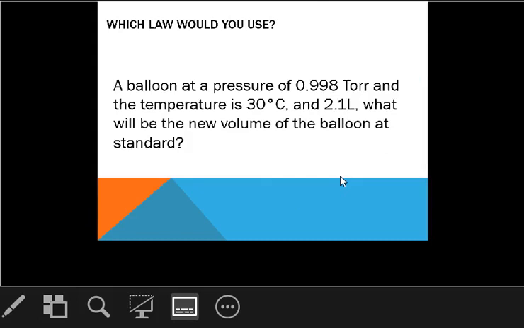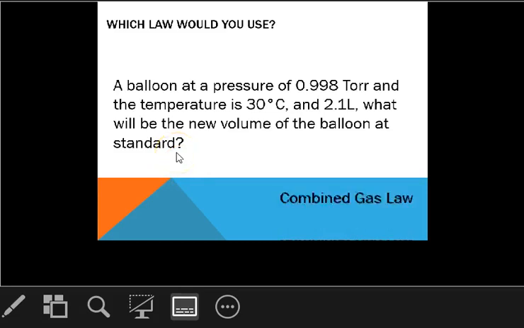Which gas law would you use to solve this problem? This is asking you to convert to a new volume at standard temperature and pressure.